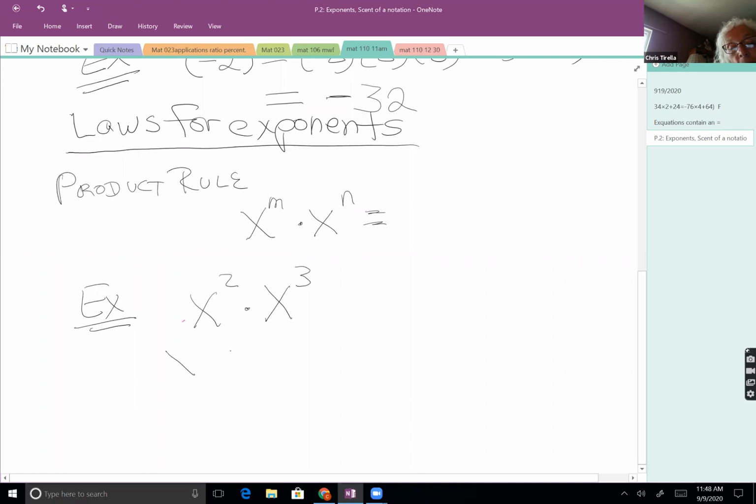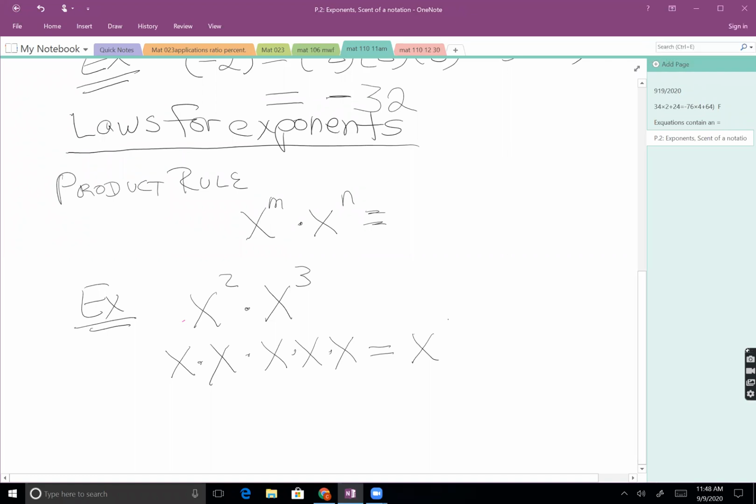That I have two x's that I'm multiplying. What does x to the third mean? That you're multiplying that number 3 times. So I've got 3 x's. So if I take 2 x's and multiply it by 3 x's, I'm still just multiplying x's. How many of them are there? 1, 2, 3, 4, 5.